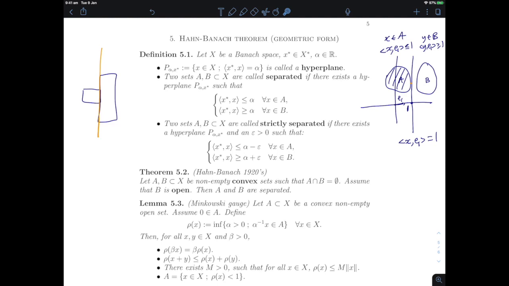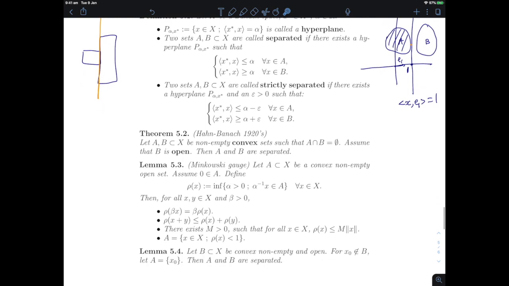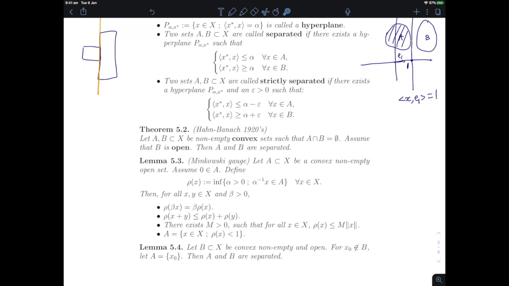So once we have this lemma at our disposal and we can construct a topology on X that is adapted to the convex set A, we'll prove a small baby version of the Hahn-Banach separation theorem. And that goes like this.